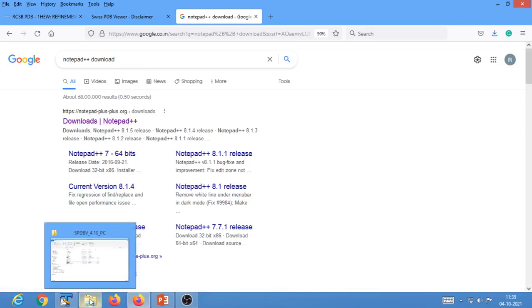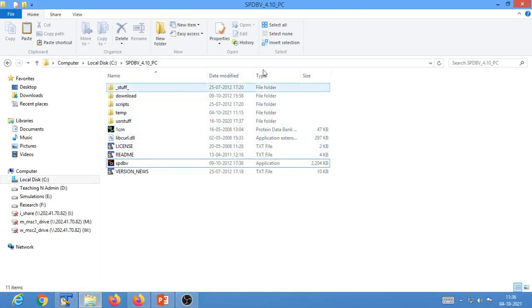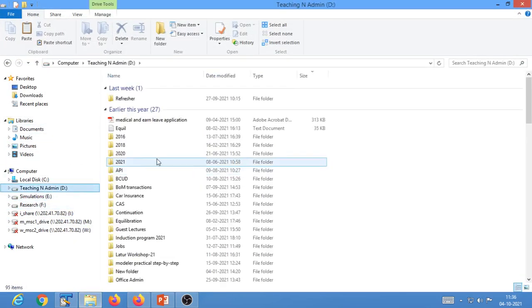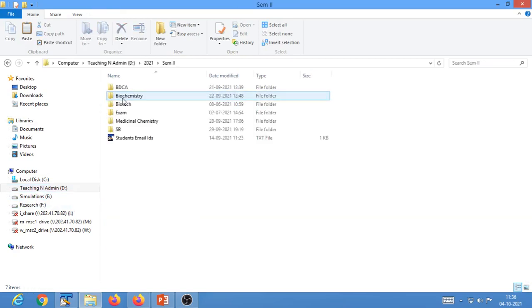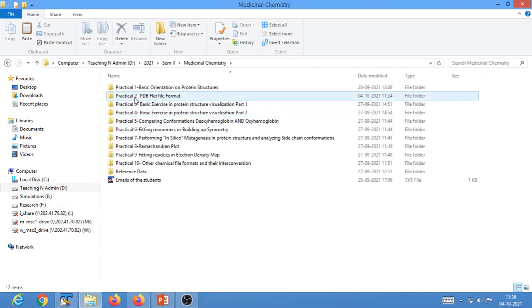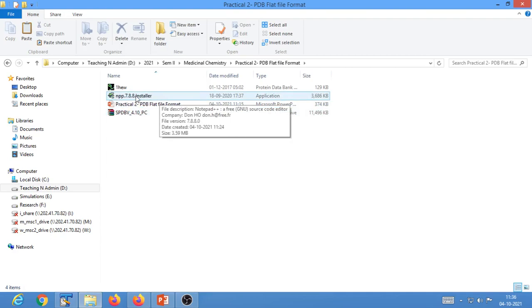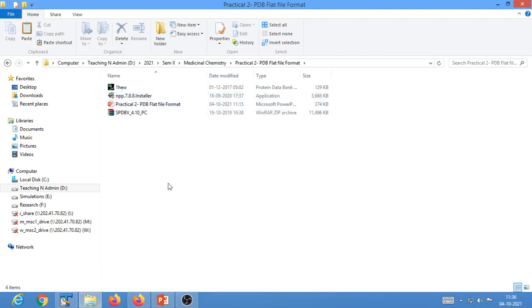Once you download it, I will show you how it would look. The installer would look something like this. All you have to do is double click on it, follow all the instructions, and you would install your text editor as well. We are going to need this text editor.